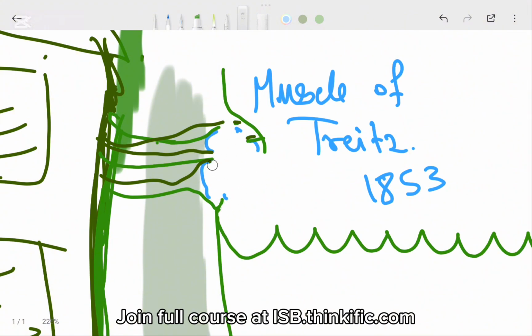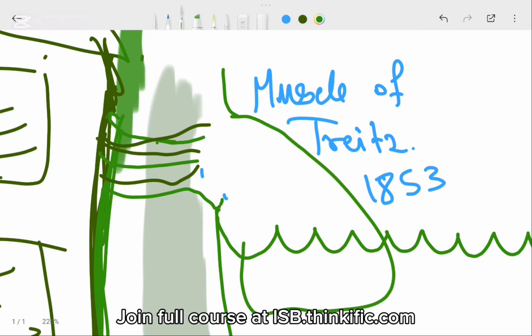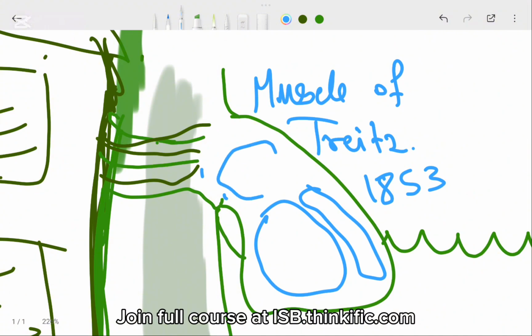This anal cushion becomes saggy and prolapses downward. It fills with a lot of blood and prolapses downwards, and we call this what? Hemorrhoids. Of course, the vascular channels become so distended.